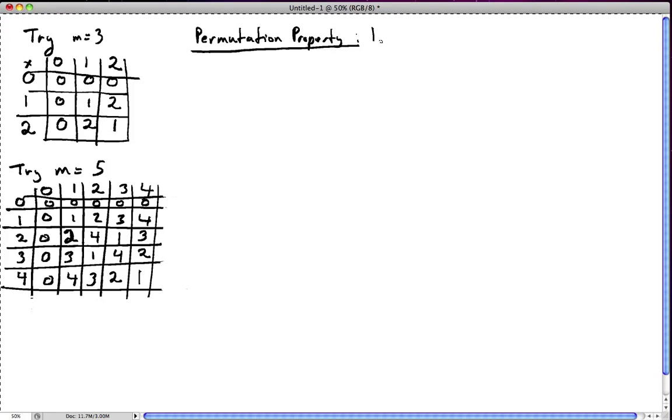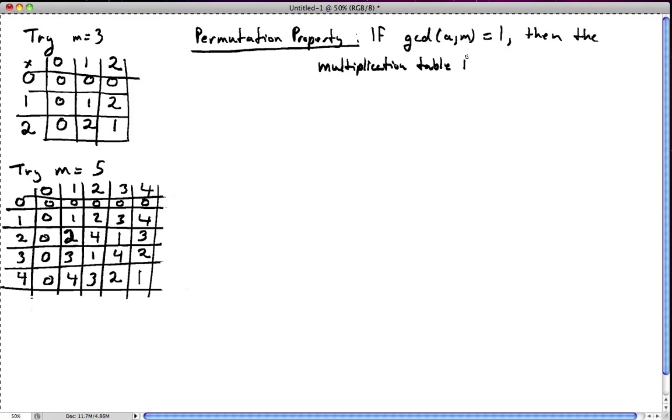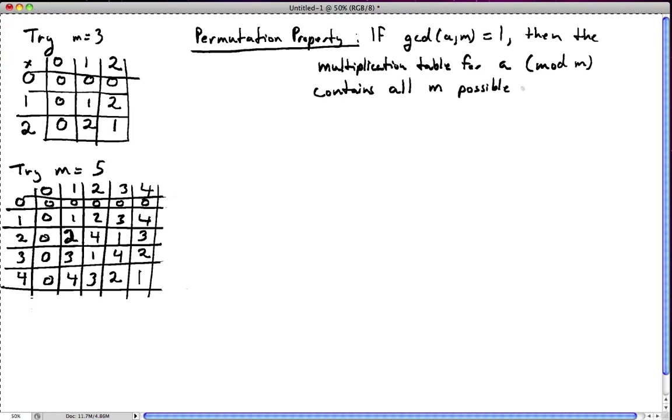Which says if the GCD of A and M equals 1, then the multiplication table for A mod M contains all M possible numbers.